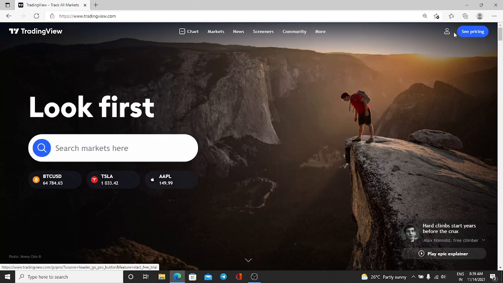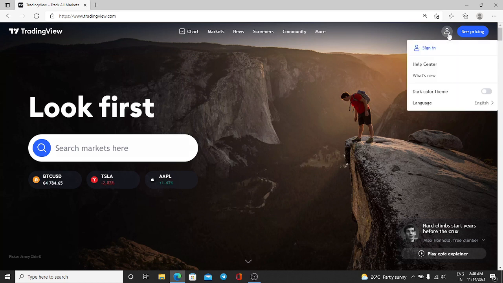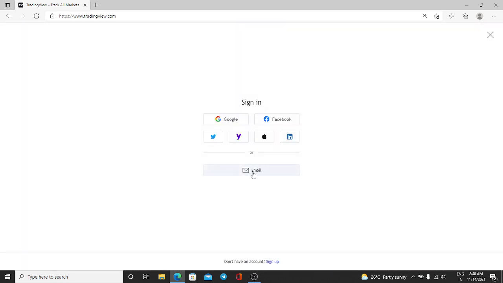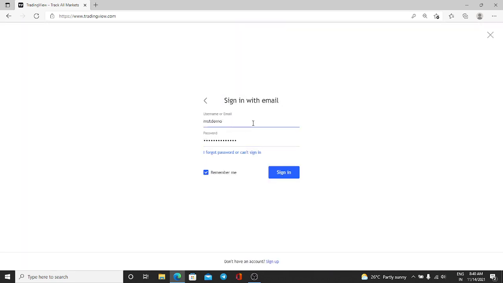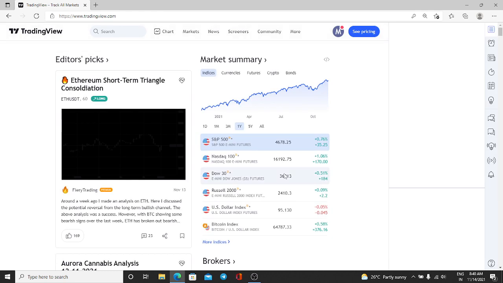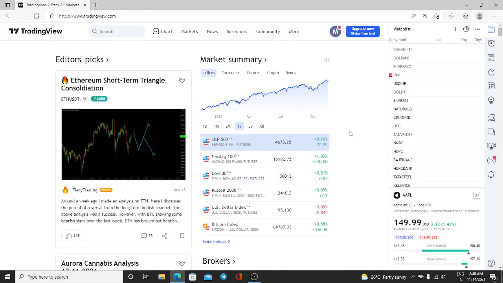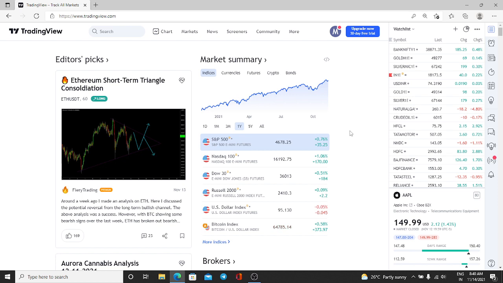At the right hand side you can see a contact symbol. Click on that symbol, then you will get an option to sign in. Use your username and password. I have already saved my username and password, so I'm just clicking the sign in option.